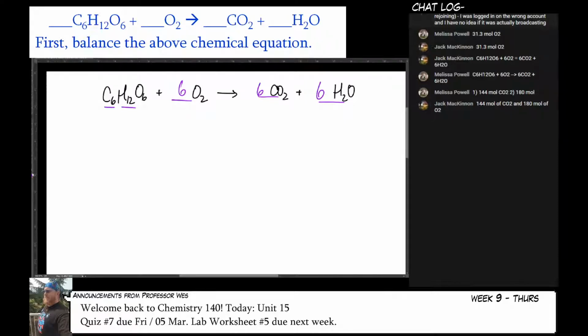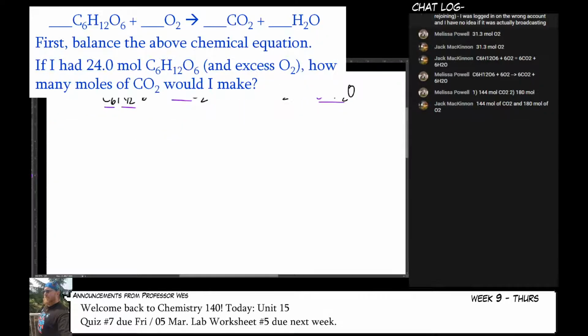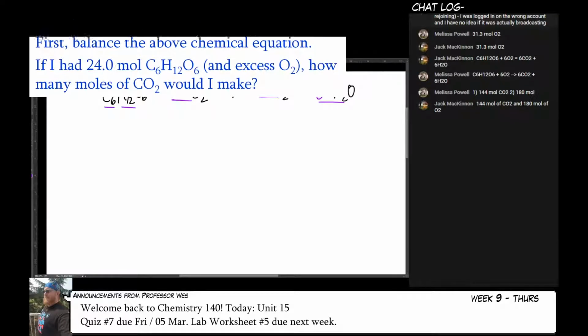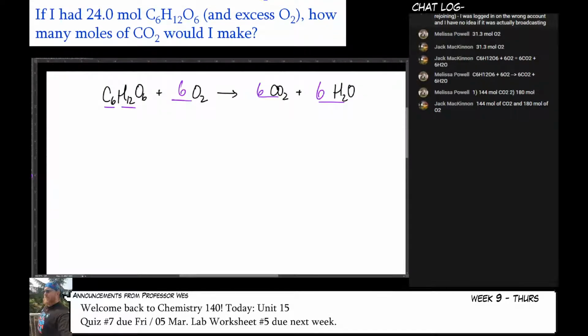All right, now we got to do the calculations. So the first one is if I had 24 moles of glucose and excess oxygen, so I don't run out of oxygen doing this, how many moles of CO2 would I make?